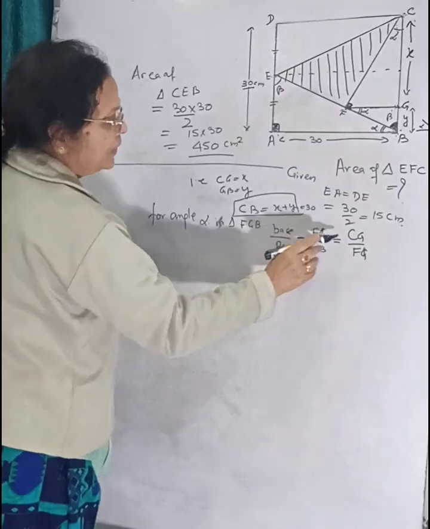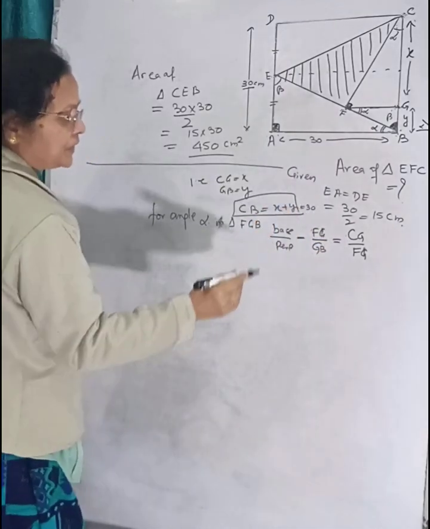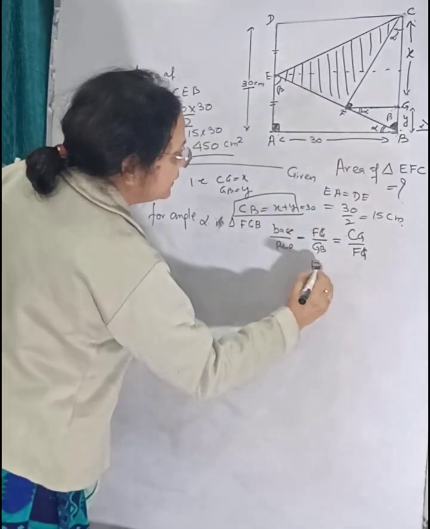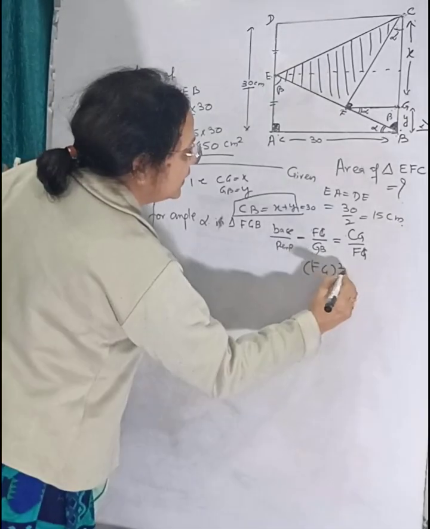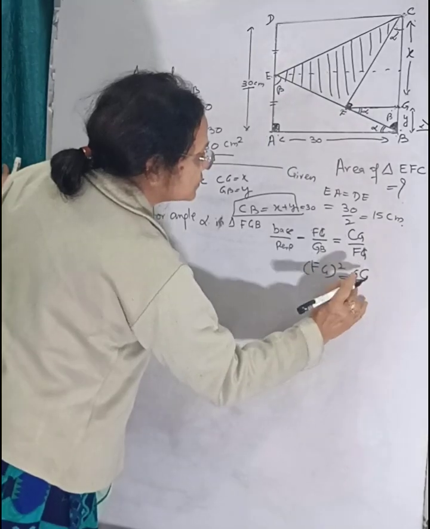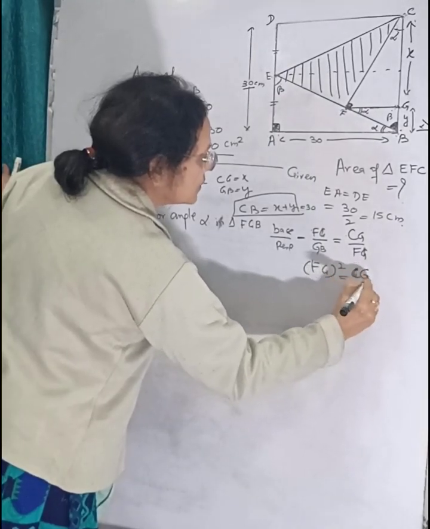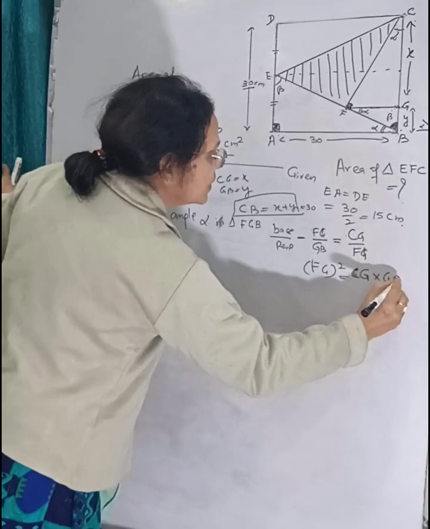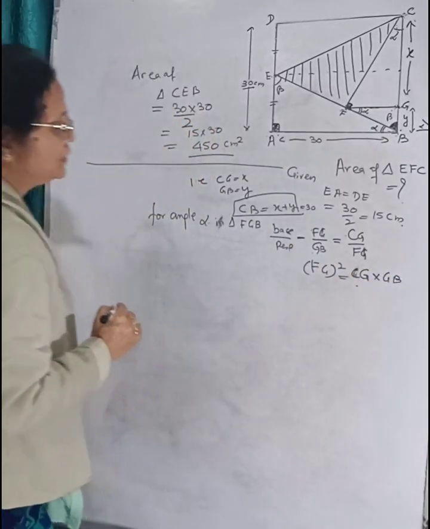It means FG square will be equal to CG into GB.